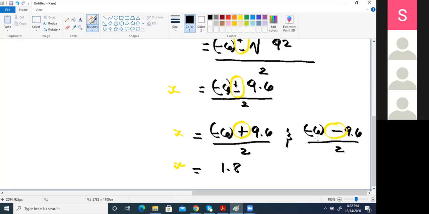Then 9.6, minus 15. I think this one would be minus 4.62. Please confirm this. I just did a rough check. Divided by 2. So these would be the two possible answers for x. One would be 1.8 and one would be 4.62.